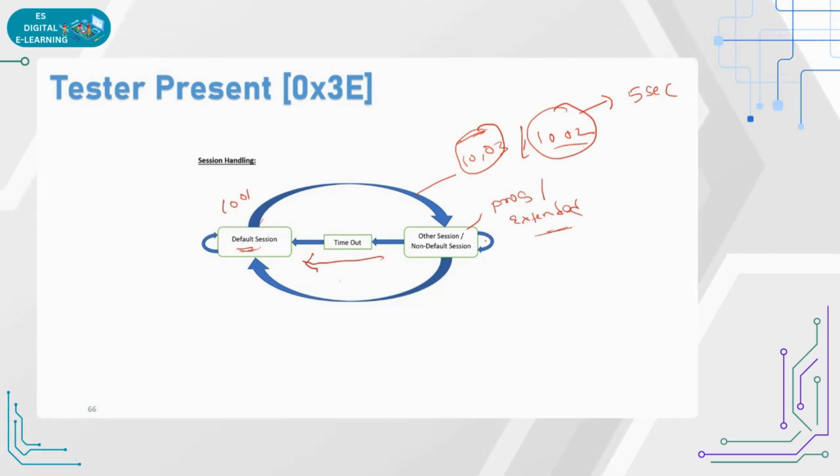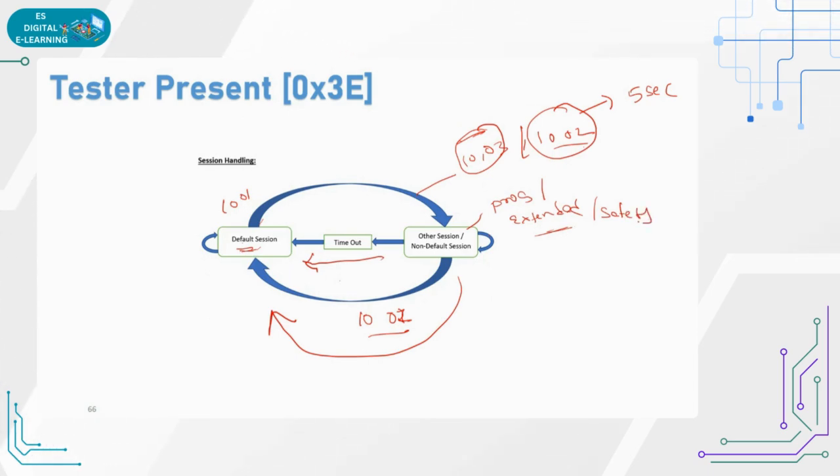From the programming session or extended session, you can come directly into the default session when you give 1001. Normally when you move into the programming session, extended session, or any safety session, the timeout will be there. Once the timeout of 5 seconds is completed, it will move to the default session directly. So this is about TesterPresent. Is it clear?